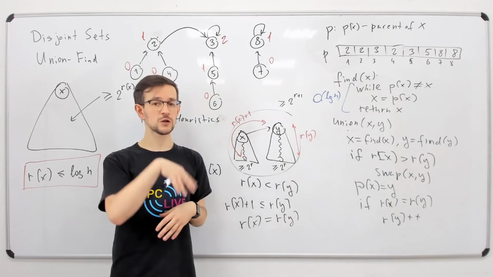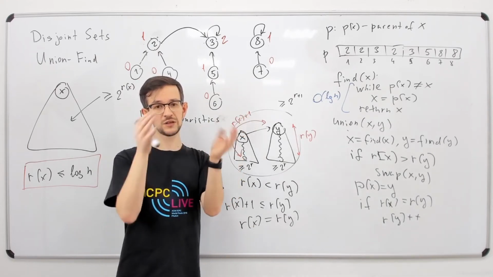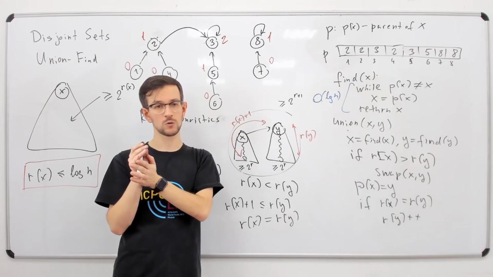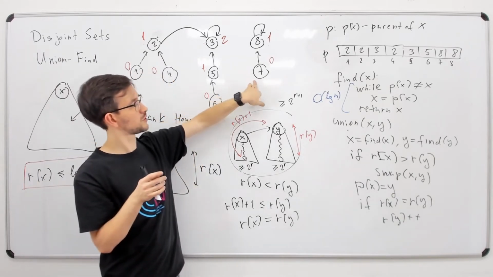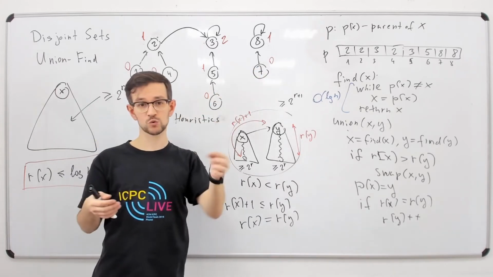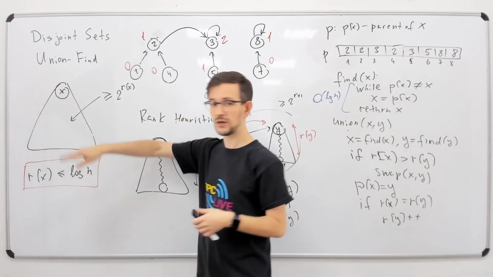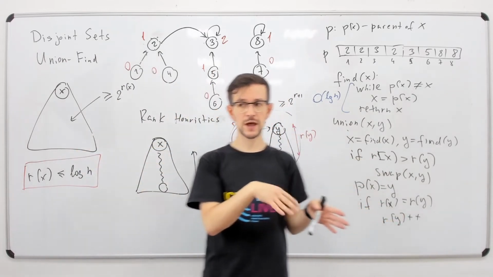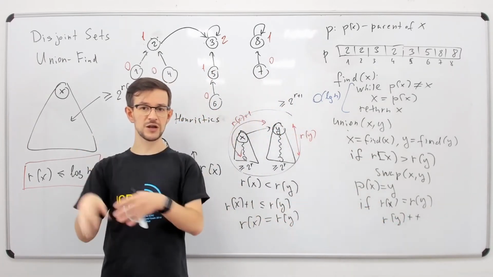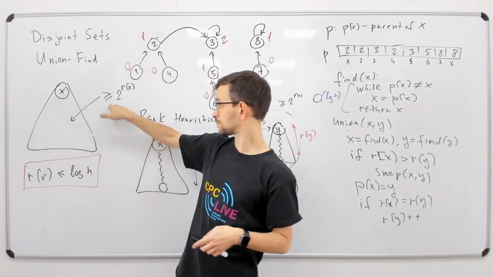And in the beginning of the structure we have single elements of rank 0, and for an element of rank 0, the size of this tree is 1, so it's 2 to the power of 0, it's satisfied. So this property is satisfied in the beginning of the structure, and it is satisfied after any union operation. So this union operation does not break this property.